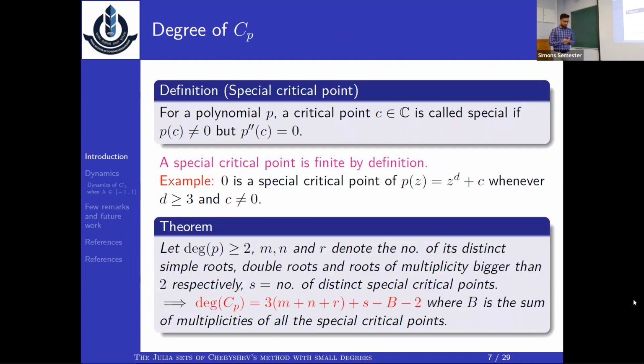So the basic question is, what can be the degree of this rational map C_P? To define the degree of C_P, first we need to define the special critical point.